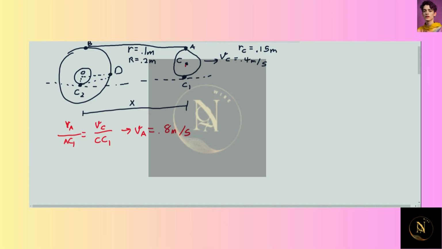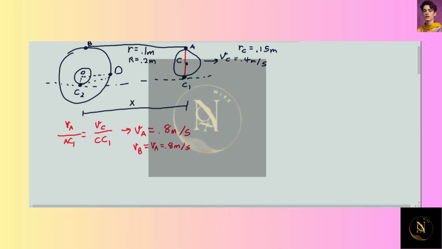CC1 is just the radius, and AC1 is twice the radius then. So we know then that B is attached to A by a string, so VB must equal VA. So both of those are 0.8 meters per second then.